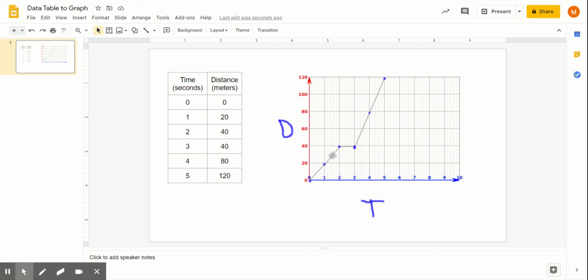So from here to here, for example, if I wanted to figure out the speed of that, I would just say from this point to this point, speed is equal to distance over time. And I'm doing average speed, not instantaneous speed. So the total distance traveled from there to there was 40 meters.